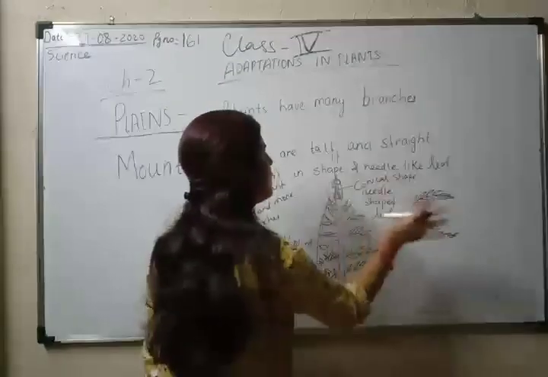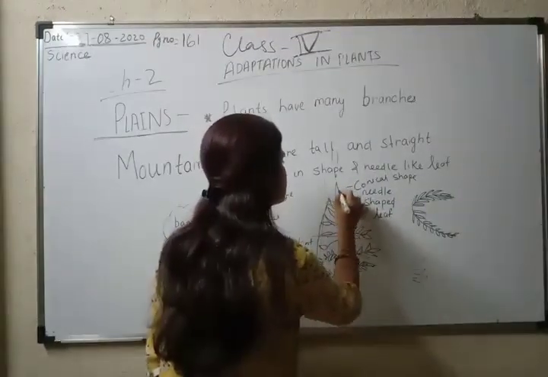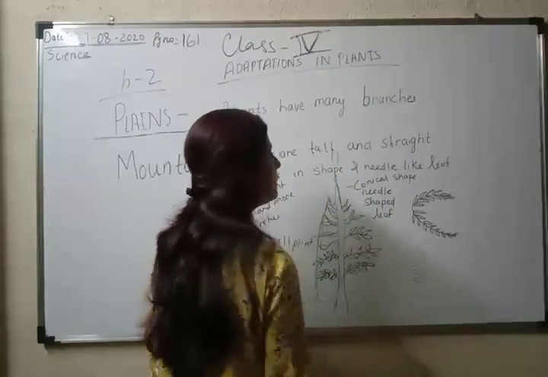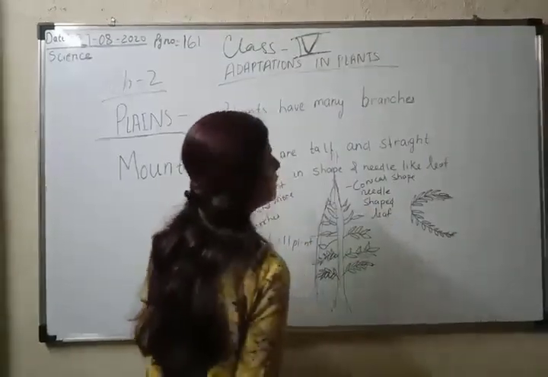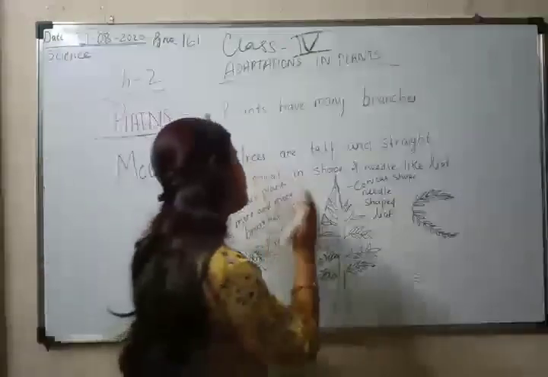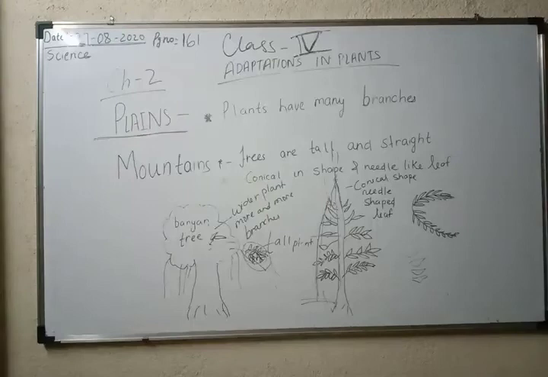So to avoid this, they adapted this structure. Now snow cannot collect here. Whenever snowfall happens, it will fall on the ground only. So to avoid snowfall accumulation, the plant is always in a conical shape, and the leaf is also needle-shaped, so that no accumulation of snowfall occurs.